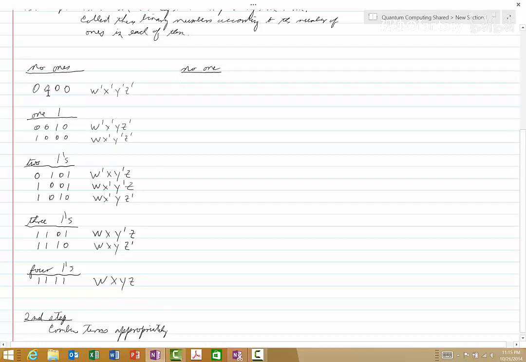So let's look at this first one, 0, 0, 0, 0 and 0, 0, 1, 0. Well, 2 terms can be combined if and only if they differ in only one location. Now, these 2 do indeed differ in only one location, and that's in the Y position.